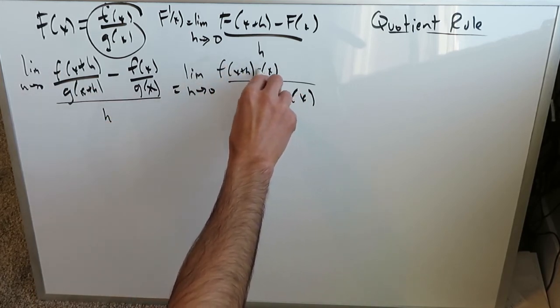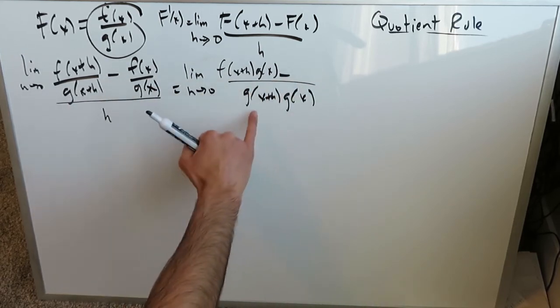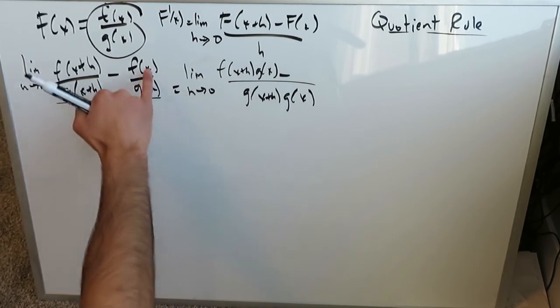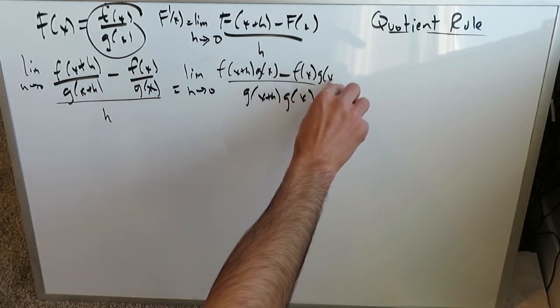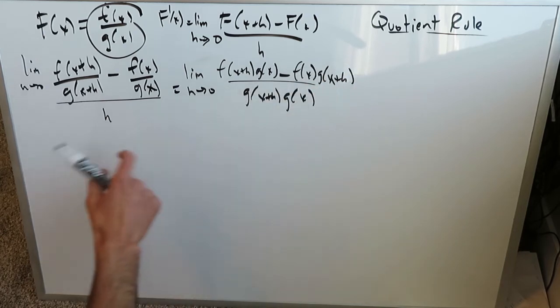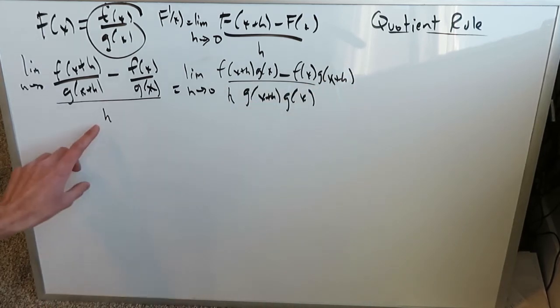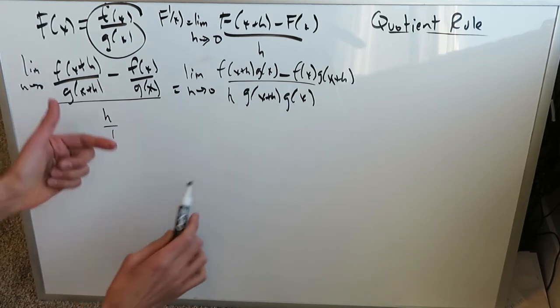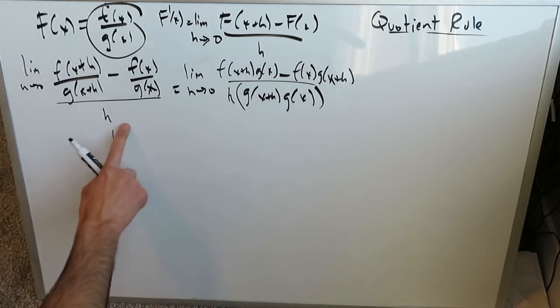Then you have this minus sign, and this g of x plus h goes in the common denominator and multiplies with f of x: f of x times g of x plus h. So this is what we have so far. I haven't forgotten about this h, and I can just bring it up right over here, because it's an h over 1. When you flip the denominator, it's going to come right over here and attach to this common denominator we've developed.